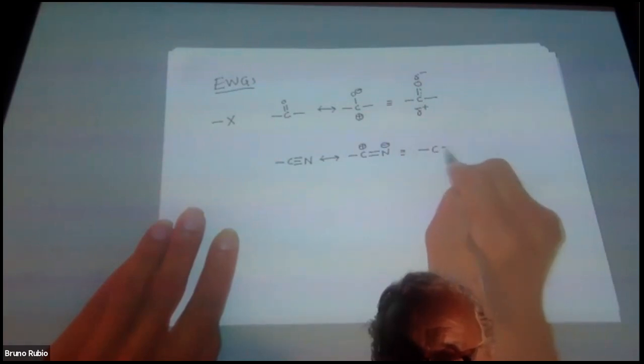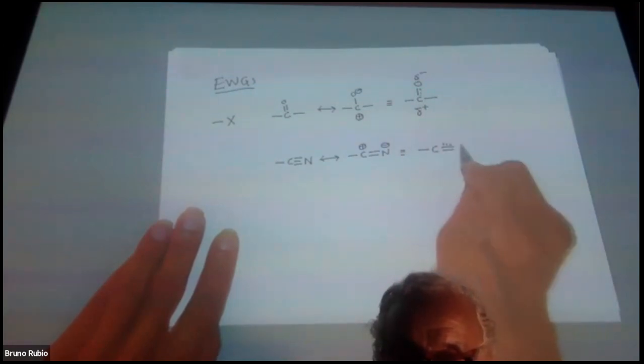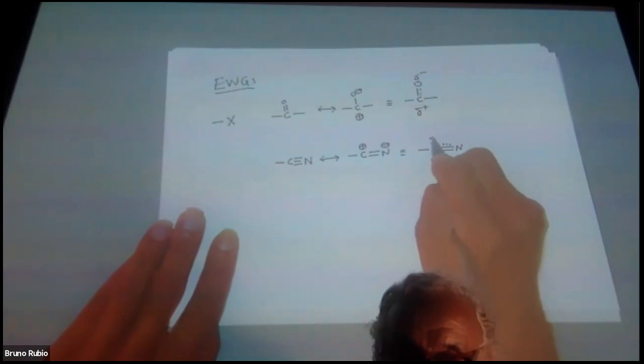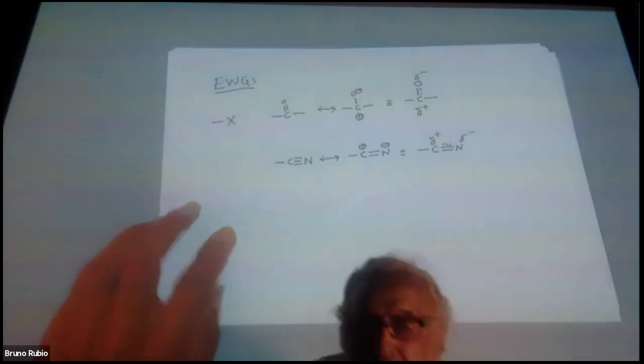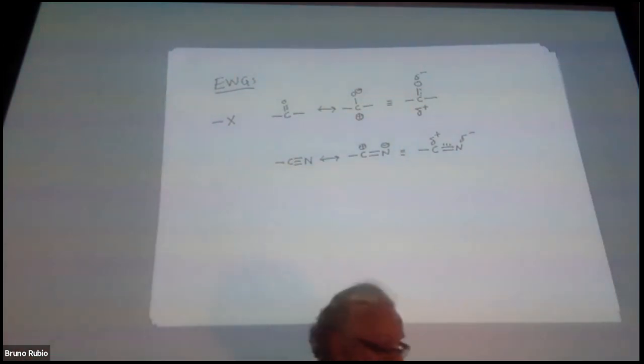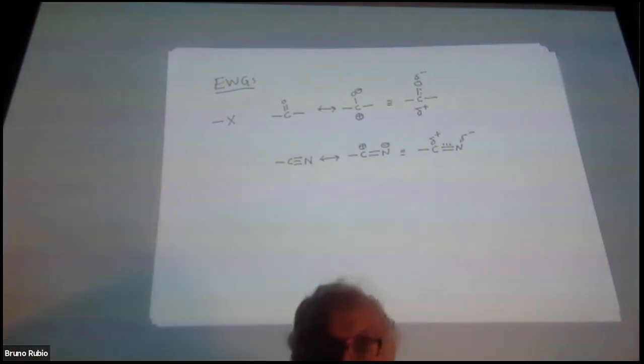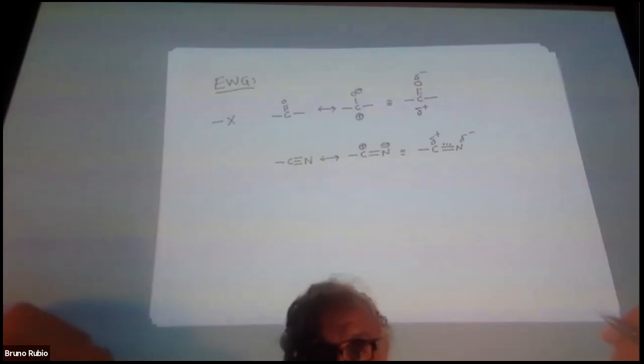The actual structure of the cyano group is a composite of these two resonance structures where the nitrile carbon has partial positive charge, so the nitrile group is an electron withdrawing group because it has this partially positively charged nitrile carbon. It's not going to be halogen all the time.